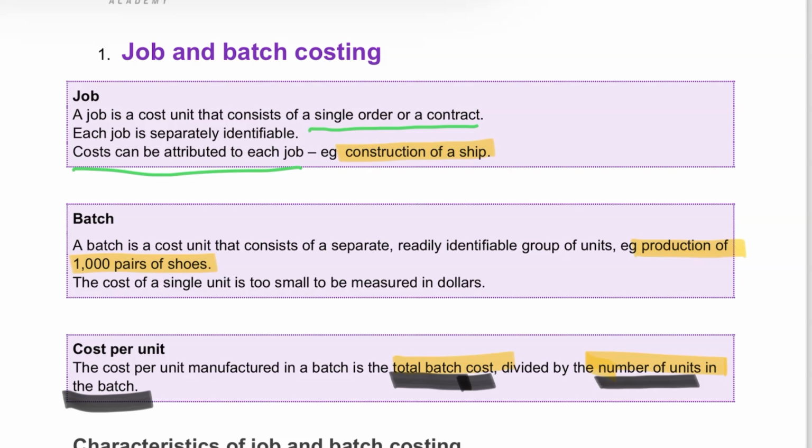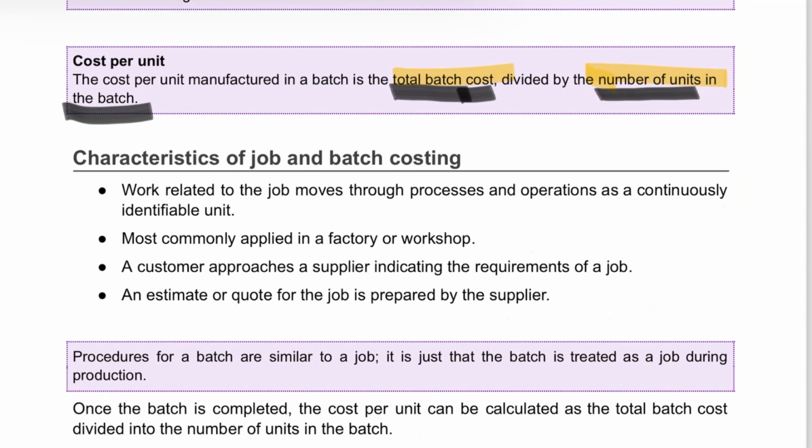Now we'll look at some characteristics of job and batch costing. Generally, for a job, there will be processes and operations that will take place, most likely in a factory, in a workshop. And generally, a customer might approach and give us the requirements of a particular job, and then we will work on that particular job.